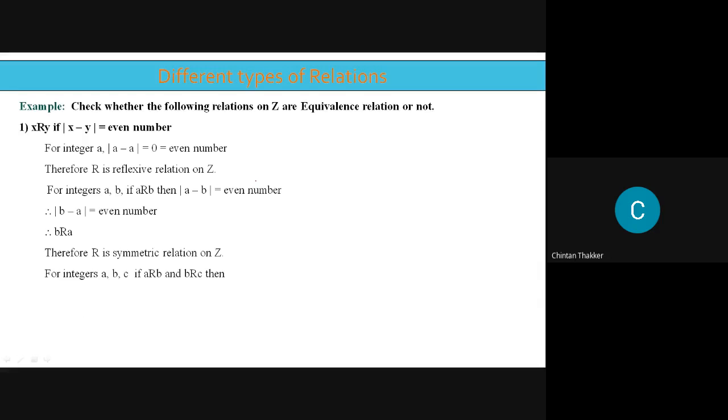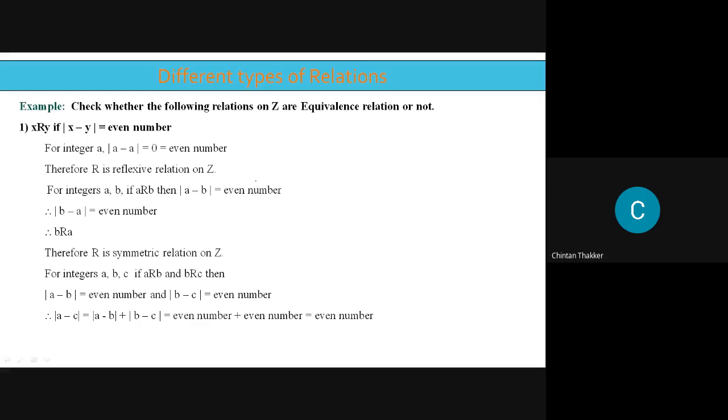Then for three elements A, B, C, if A is related to B and B is related to C, then modulus of A minus B is an even number and modulus of B minus C is also an even number. So modulus of A minus C is at most modulus of A minus B plus modulus of B minus C. So both are even numbers, so the addition is also an even number.